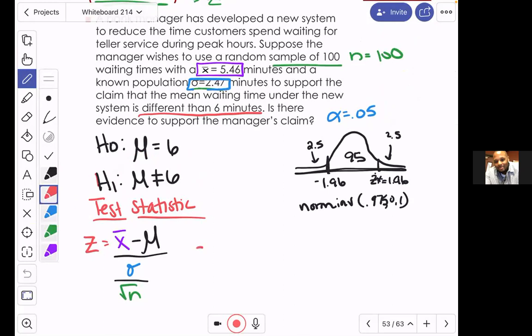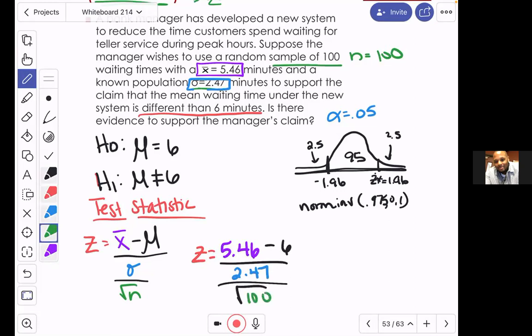So my test statistic Z is equal to X bar, which is 5.46, minus the mean, which we think is 6, divided by sigma, which is 2.47, over the square root of 100, the sample size. You okay with that? So that's the test statistic formula. That's how we calculate it.